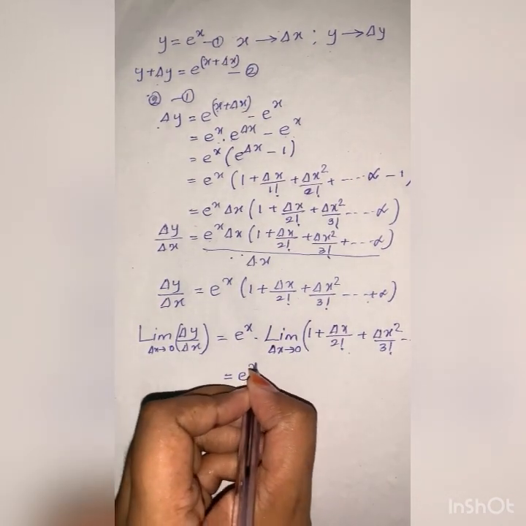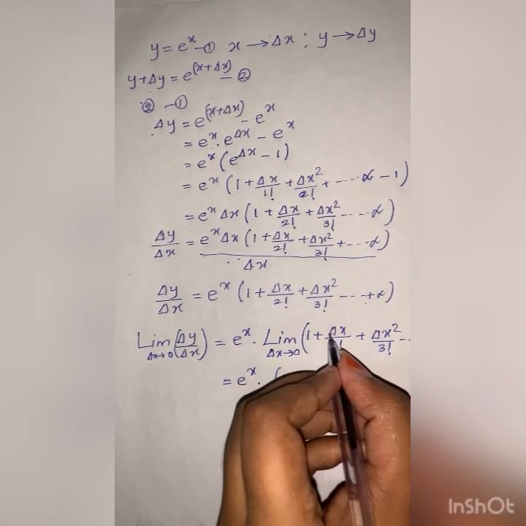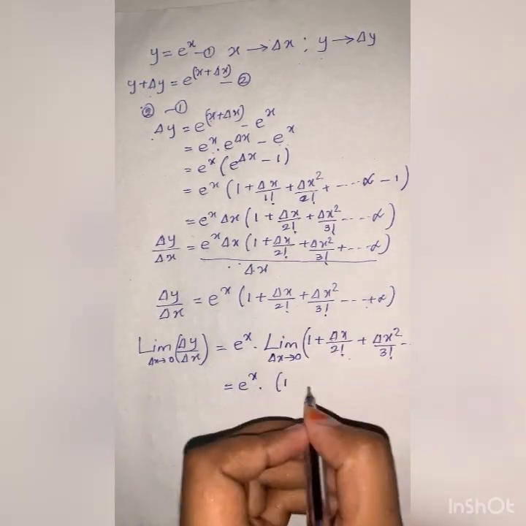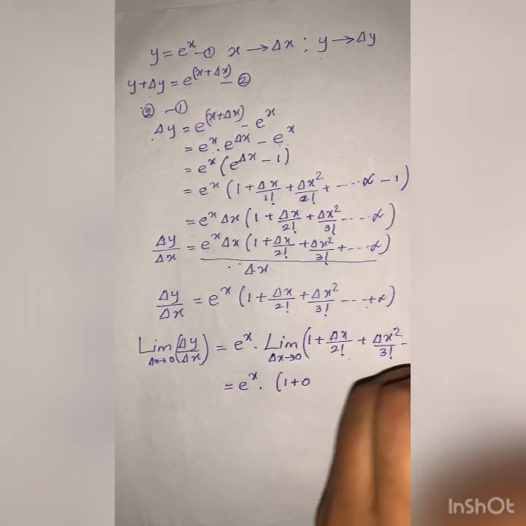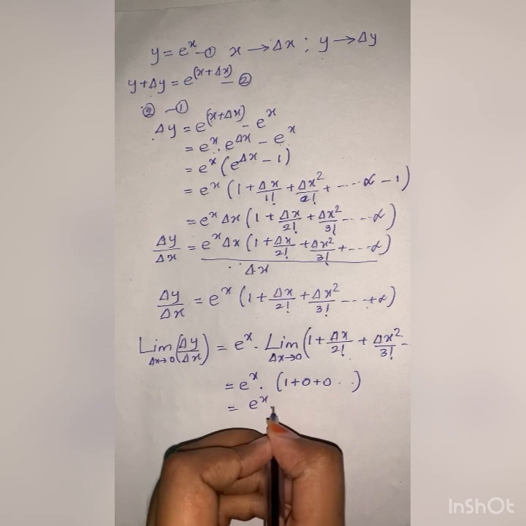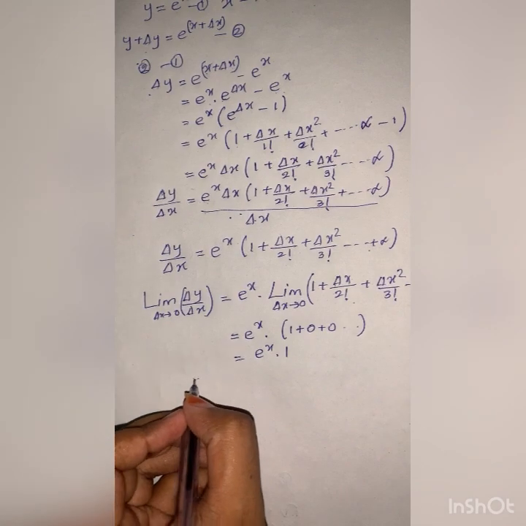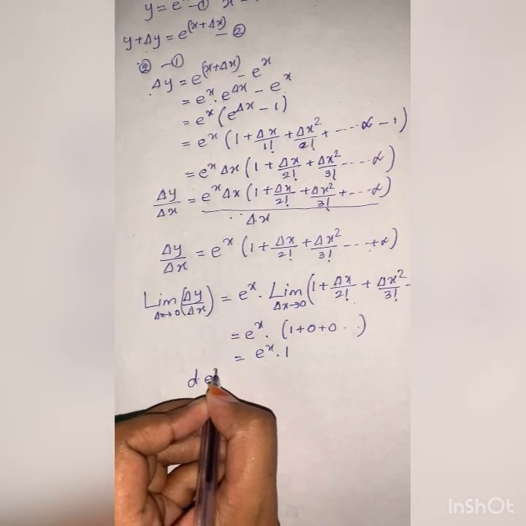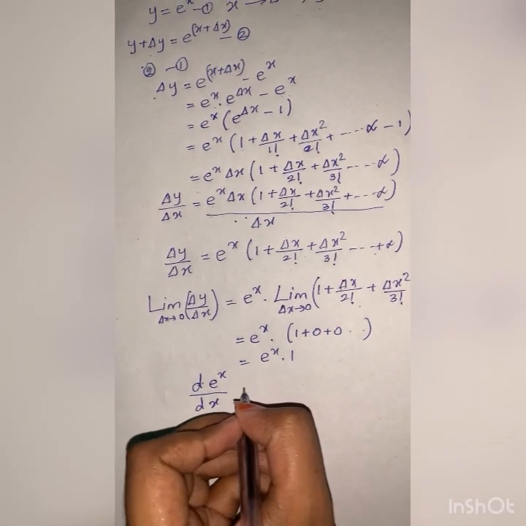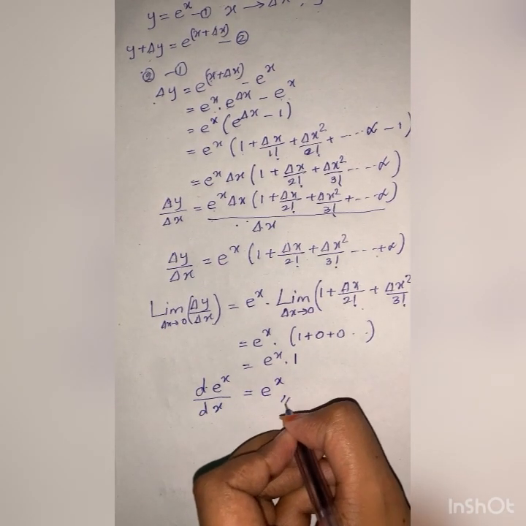When delta x becomes 0, every fraction will be 0. So e to the power x into 1. The answer is e to the power x. So the differentiation of the exponential function e to the power x with respect to x is also e to the power x.